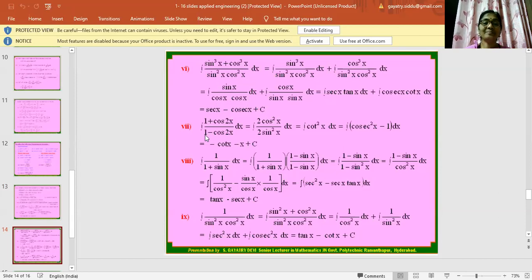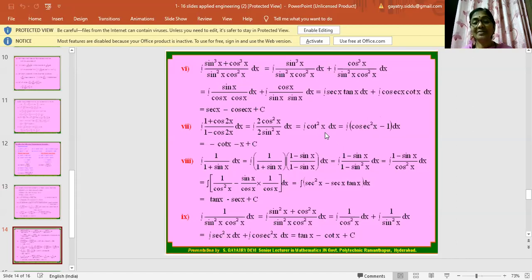Coming to the next one: integral of 1 plus cos 2x by 1 minus cos 2x with respect to x. Multiple forms of cos are used here. 1 plus cos 2x is 2 cos square x, and 1 minus cos 2x is 2 sin square x, which gives you the integral of cot square x. But you don't have the formula for cot square.